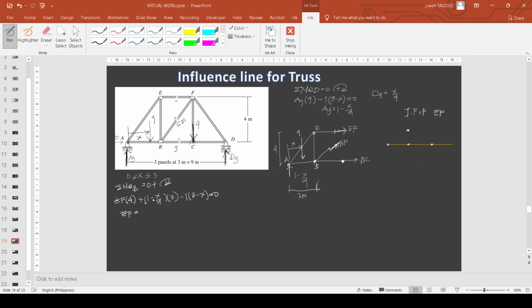One-third, no? So, this is one-third. Negative one-third, lilipat sa kabila, maging positive one-third. So, x over 3. So, ito magiging minus, magiging plus siya. Pag lipat mo siya sa kabila, magiging negative x.